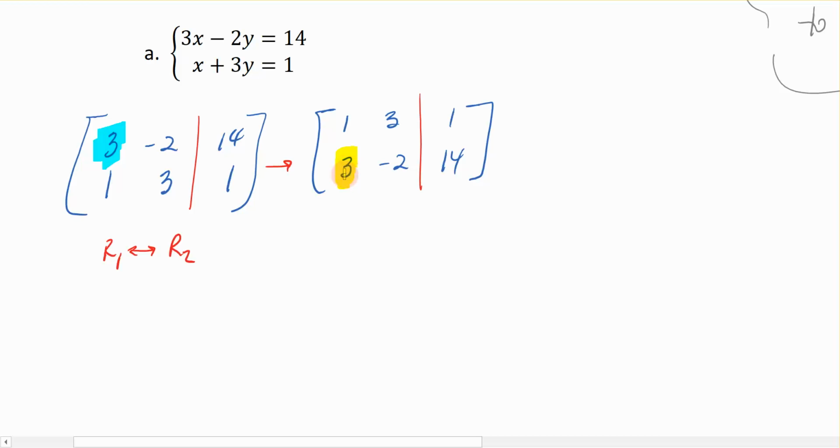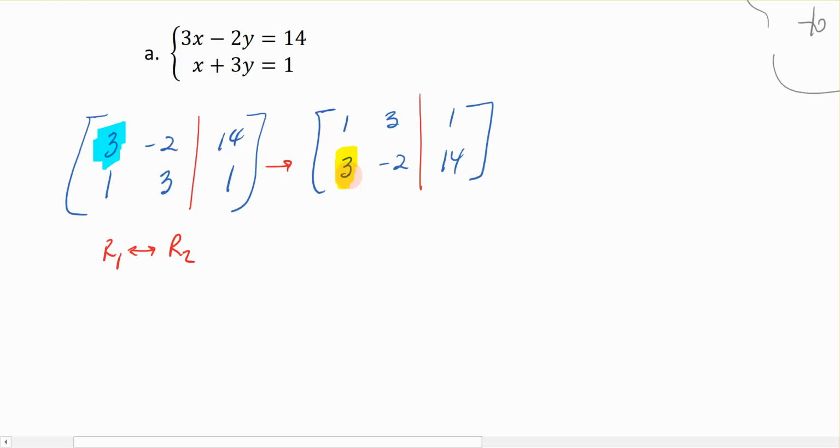Now if I want this 3 to be a 0, we can either swap rows, multiply rows, or multiply and add. This is the case when I want to multiply and add. So if I were to multiply row 1 by some number and add it to row 2, I want the sum of those 2 numbers to be 0.